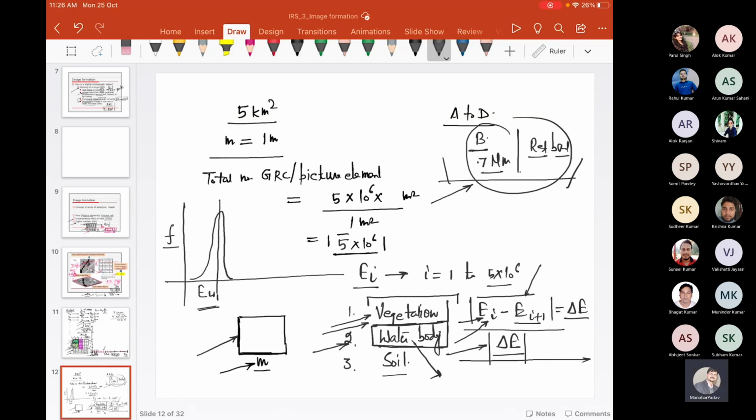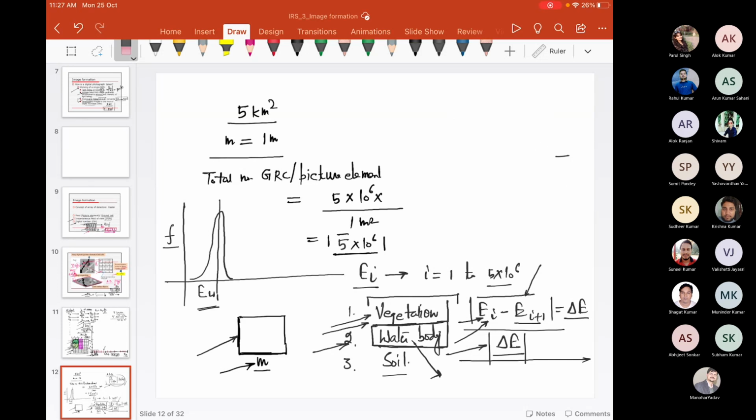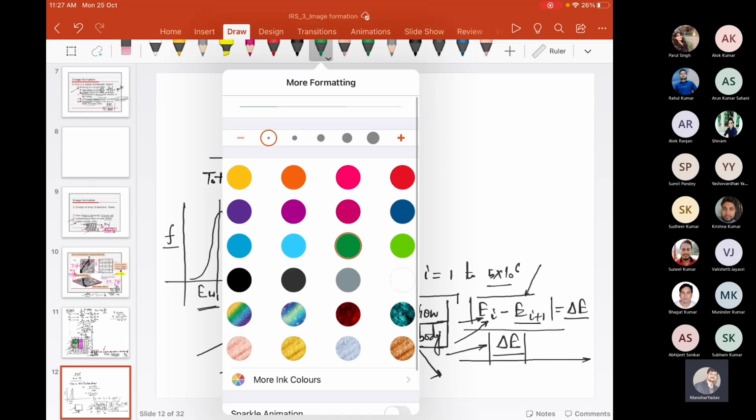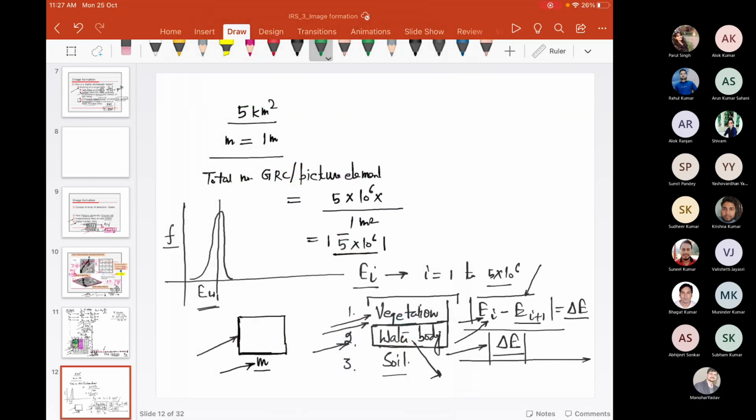Okay, like if I draw the area over here, and that is imagined, and we are discussing about that area.